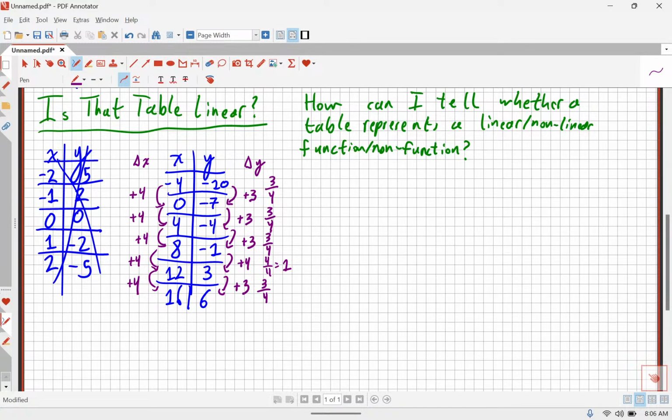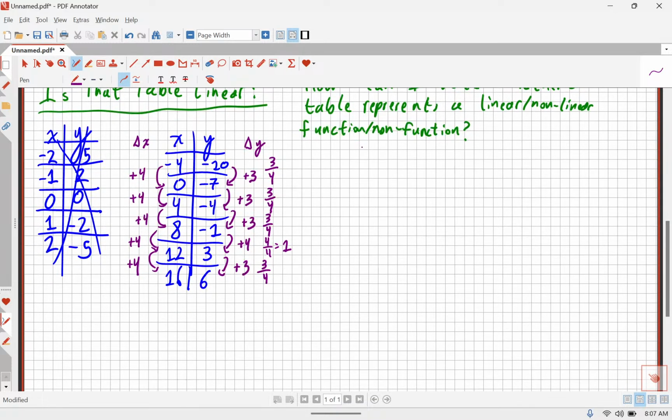How many of us either got that or see how we got that and aren't too alarmed? Oh, that works. Perfect. Okay, let's see here, guys. How about this one? X and y.